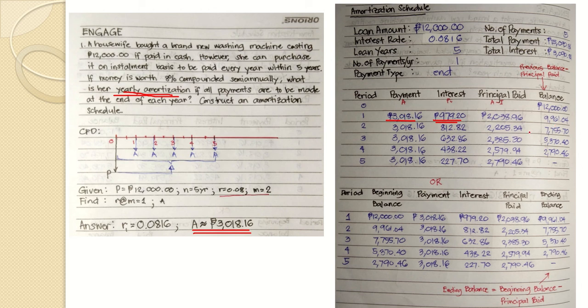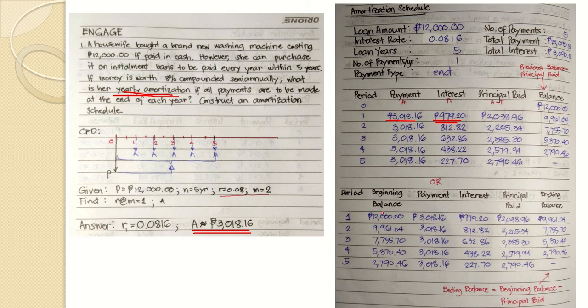So when I say show the solution, it is not just the answer. What you need is how it was calculated. Another form of amortization schedule is this. Others prefer this one, especially for credit cards, where they show the beginning and the ending balance. So at the beginning of each period, you can see it is not zero.